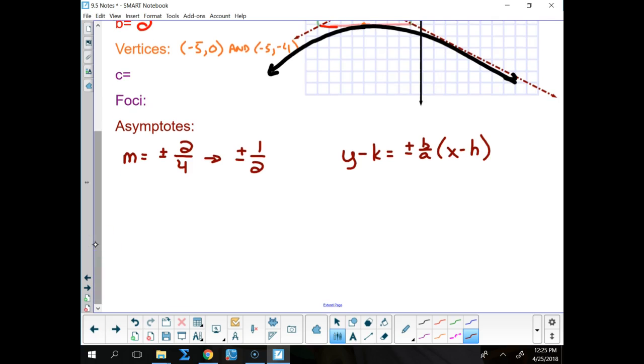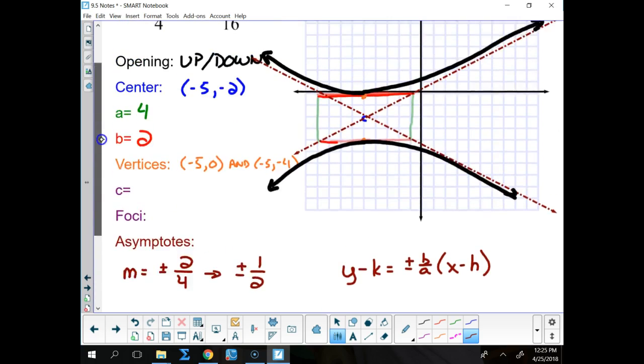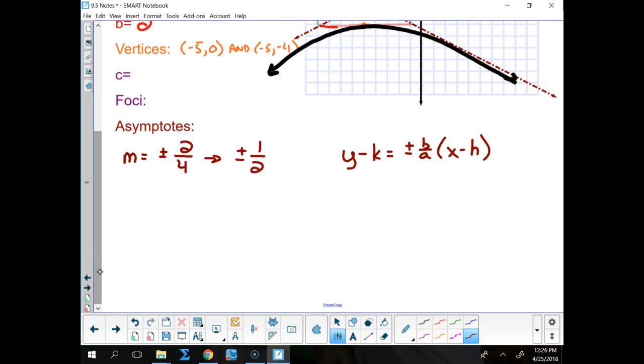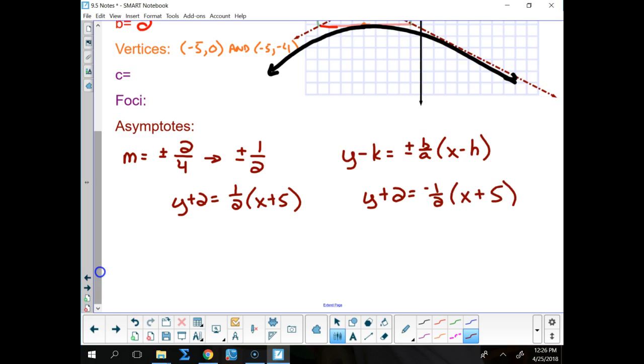So my first one is going to be, what was my center again? Negative 5, negative 2. So that's going to be y plus 2 equals positive 1/2 times x plus 5. My second one is y plus 2 equals negative 1/2 times x plus 5.